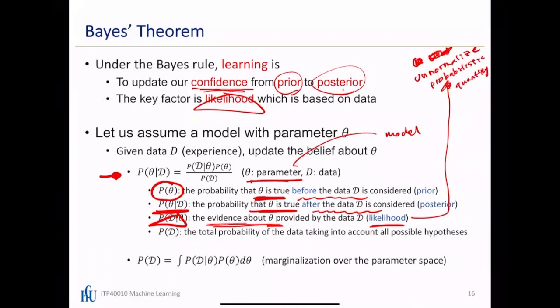Still, we have one more member, the probability of data. This is the total probability of data taking into account all possible hypotheses. But like we discussed, the data is not changing, so we normally don't consider this.